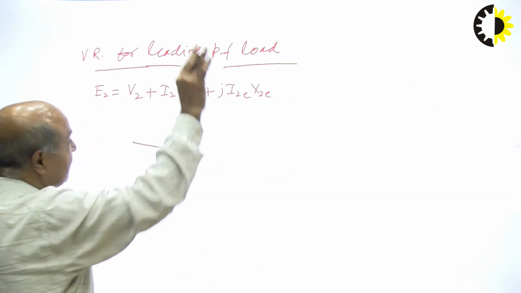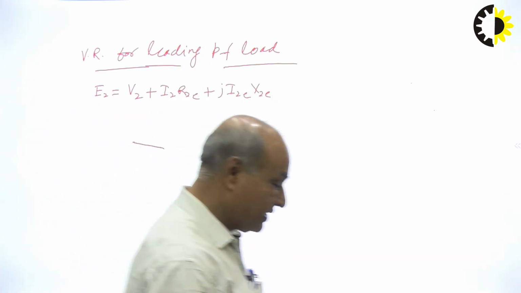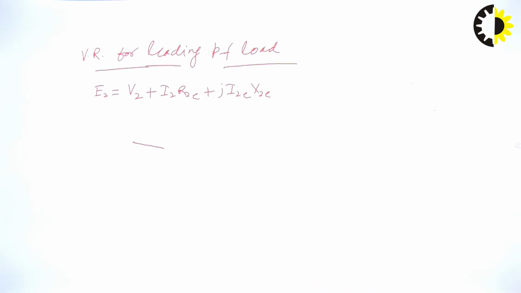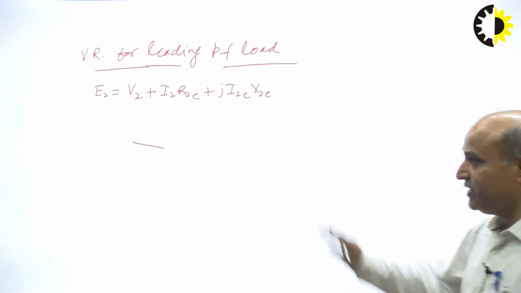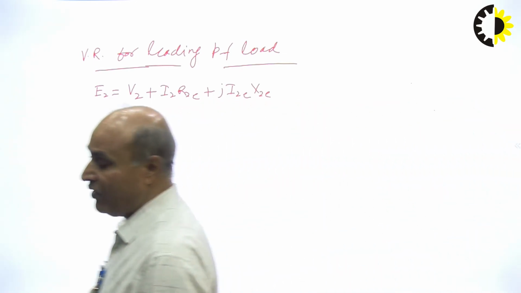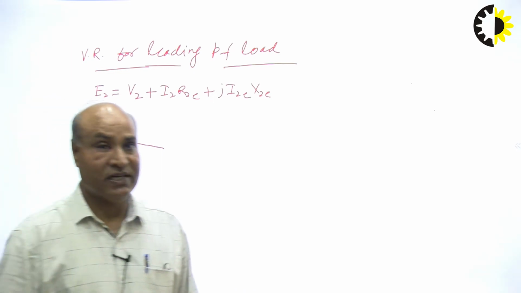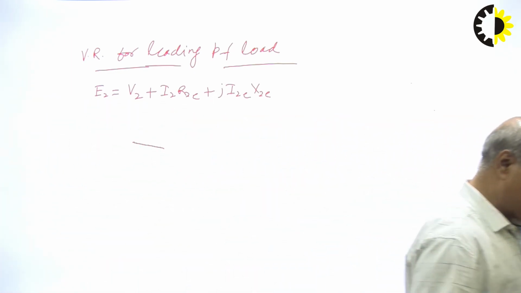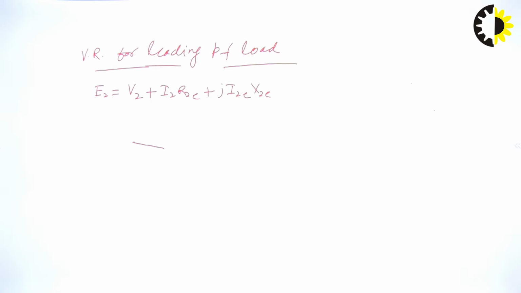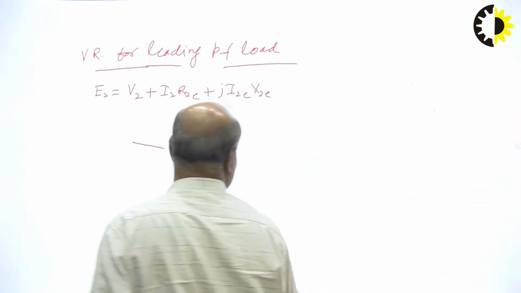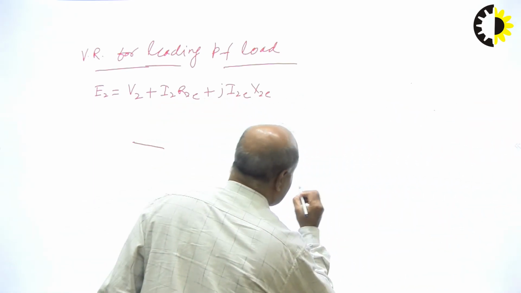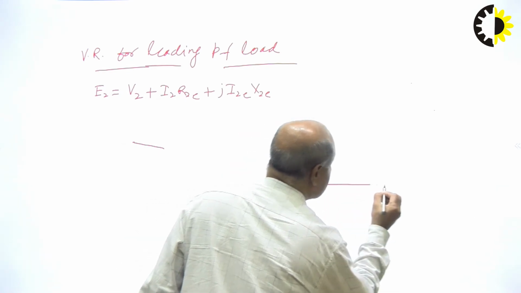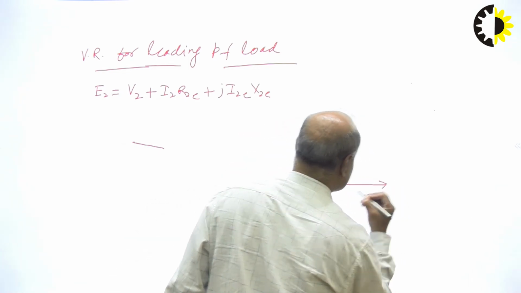We will use the same voltage equation discussed earlier, with which we have shown how to draw the complete phasor diagram of the transformer. Now we are considering the leading power factor load. As in the previous case, we will again take V2 as reference. Suppose V2 is here.